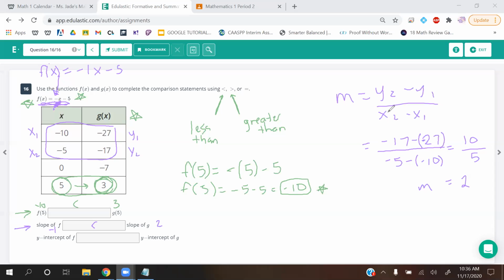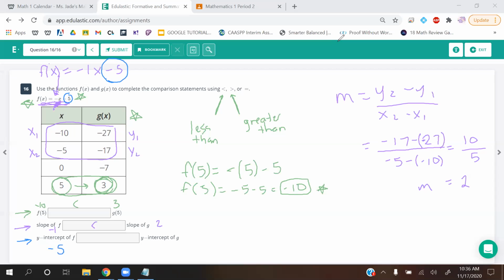Let's do the last one in blue so that you guys don't get confused with all the stuff going on. The blue is comparing the y-intercept. The y-intercept is easy on the equation because you just have to look at what's being added or subtracted at the end. If you look at either of those equation versions that I wrote, we know that the y-intercept is negative 5 because it's just minus 5 at the end.